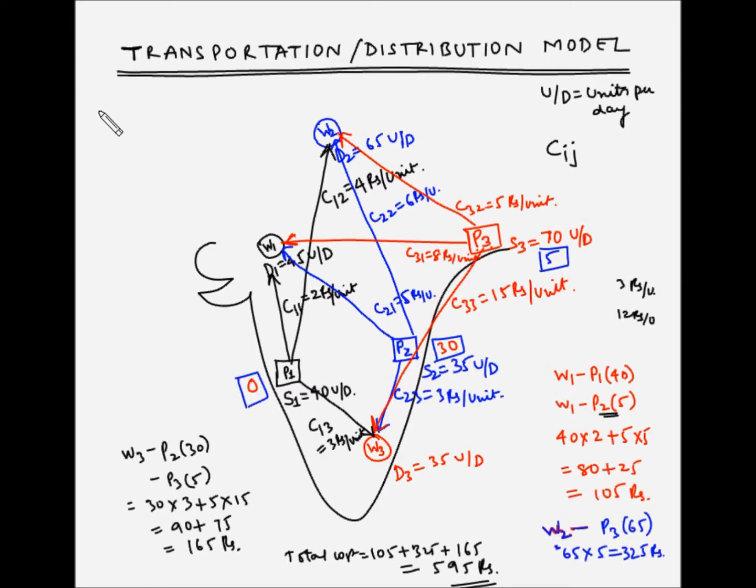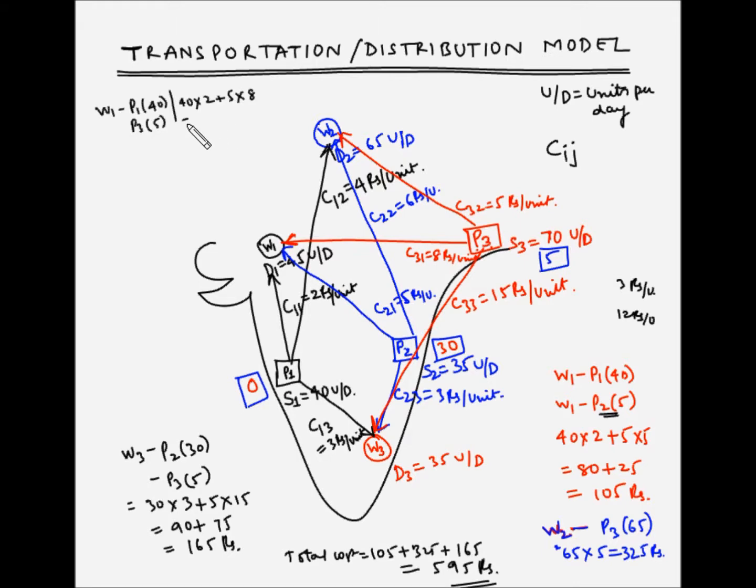So for W1, we would take from P1 40 units and from P3 5 units. The cost would be 40 multiplied by 2 plus 5 multiplied by 8, because instead of C21 now we are taking C31, which is 8.